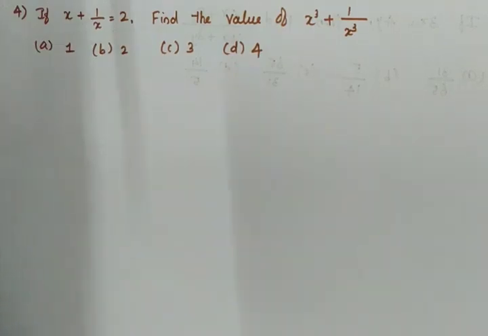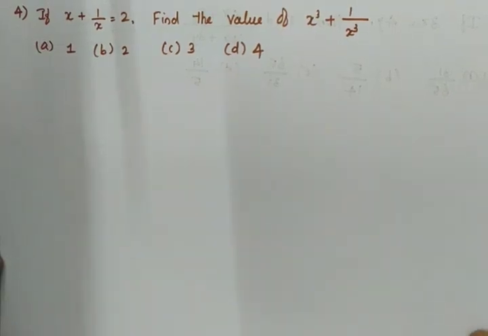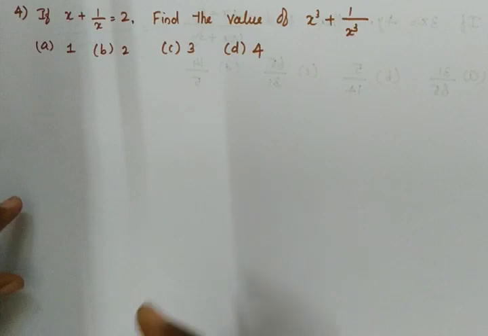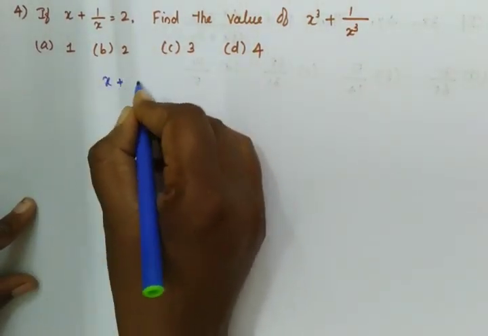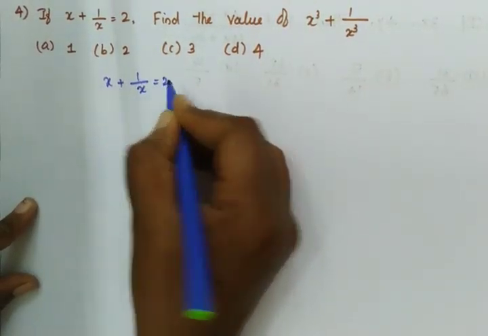If x plus 1 by x is equal to 2, find the value of x cube plus 1 by x cube, and these are the options. So here they have mentioned x plus 1 by x is equal to 2.